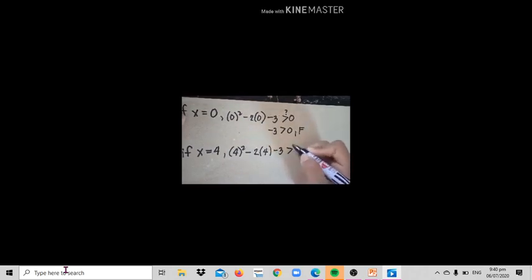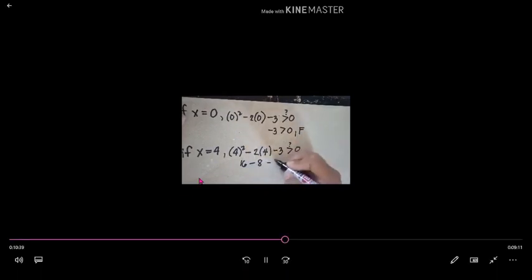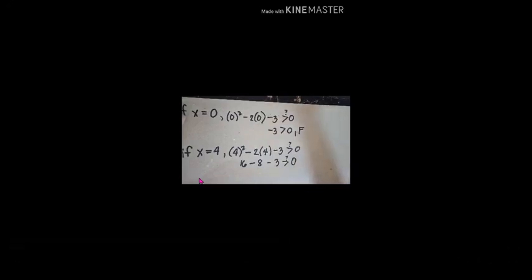Is it greater than 0? Okay, so therefore 4 squared is 16. Negative 2 times 4 is negative 8, minus 3. Is it greater than 0? 16 minus 8 is 8, minus 3 is 5. So, is 5 greater than 0? Yes, very good. So, it is a true mathematical statement.